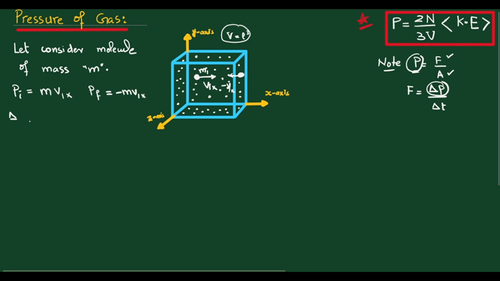The change in momentum is the final momentum minus the initial momentum, which is minus m v1x minus m v1x, so the change in momentum becomes minus 2 m v1x.